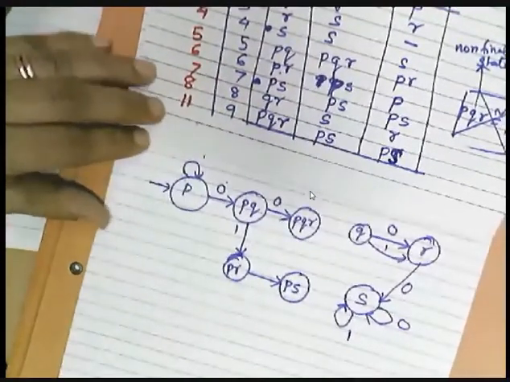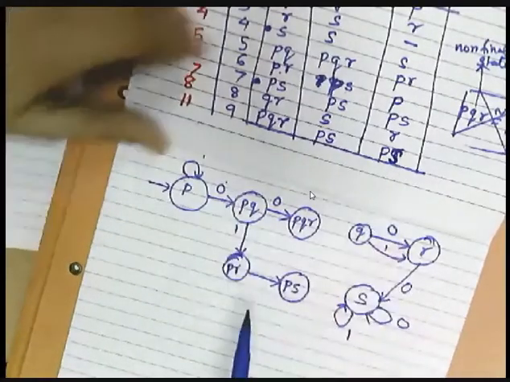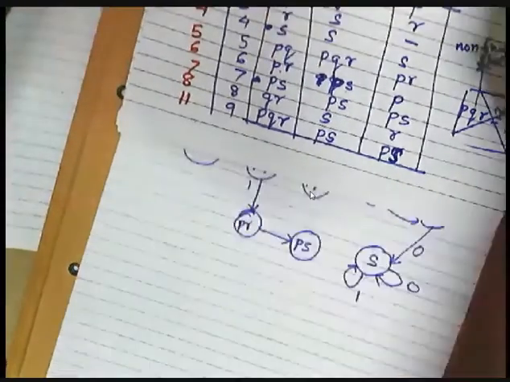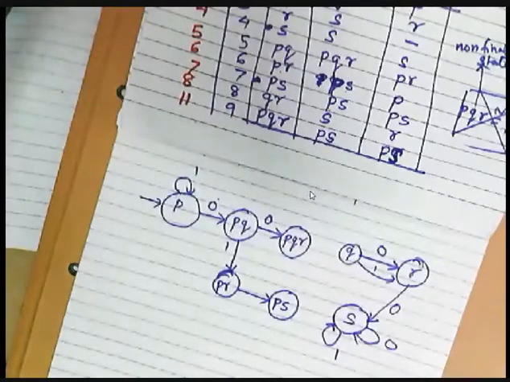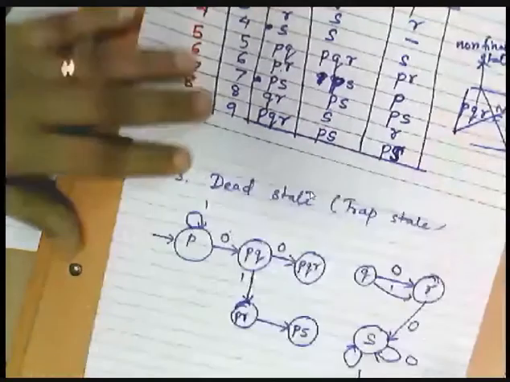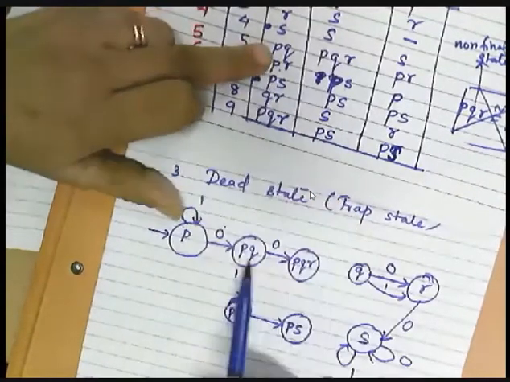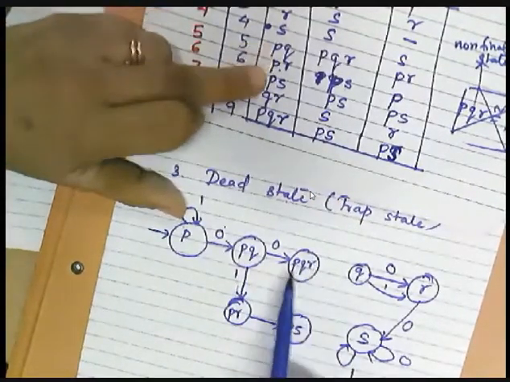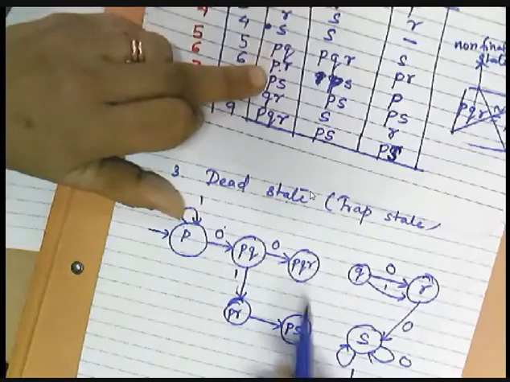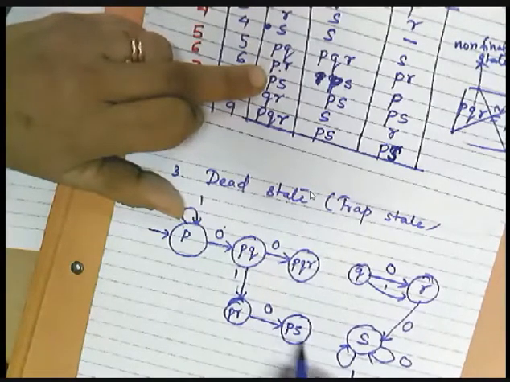Okay. So now what is remaining? We were discussing PQ, so PQ's turn is over. PR on 0 moves to PS.